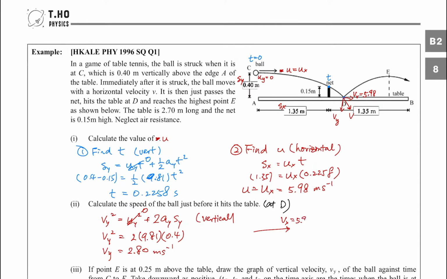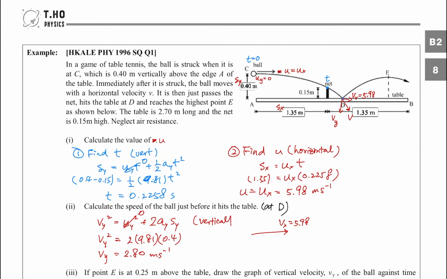So now we have horizontal vx equals 5.98, and a vertical vy equal to 2.80. Now we are going to combine the two components together and find v.